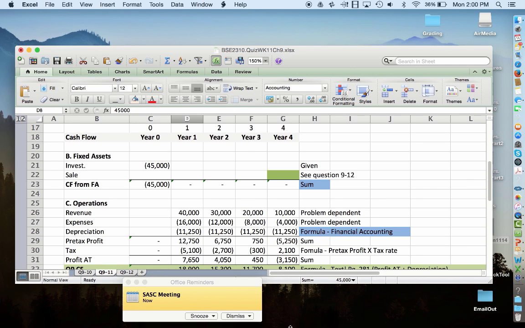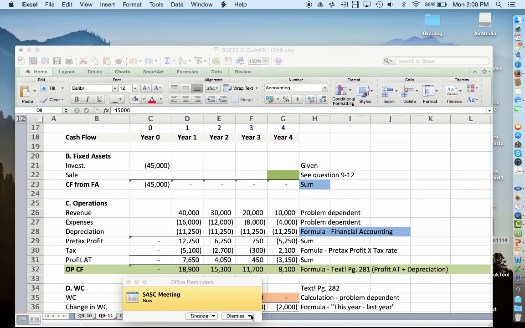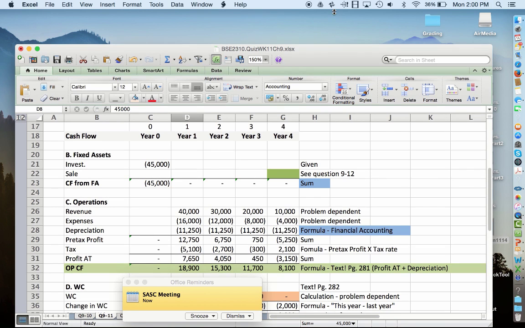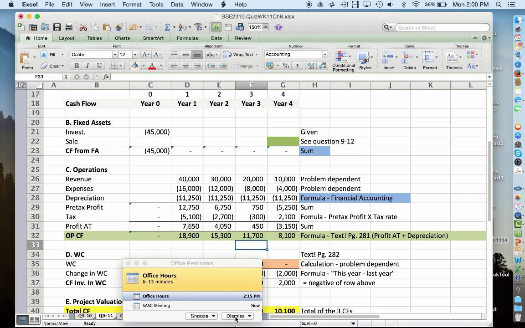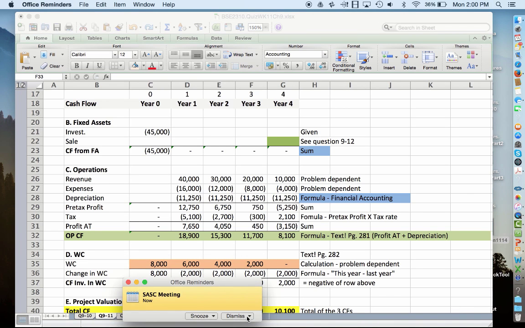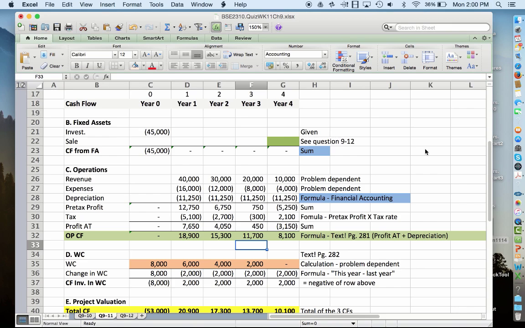Okay. So now what I'm going to do is I'm going to go through each of my 3 sections. I'm going to do the fixed assets first, I'm going to do the operations, and then I'm going to do the working capital.